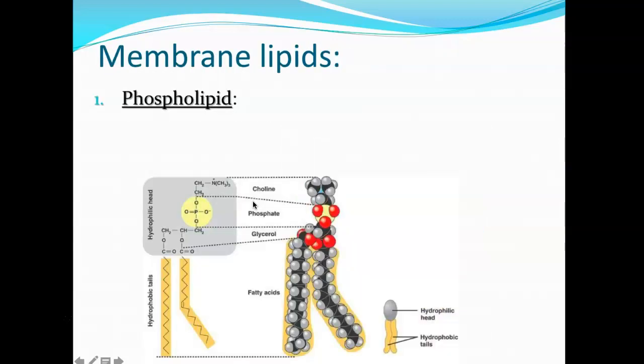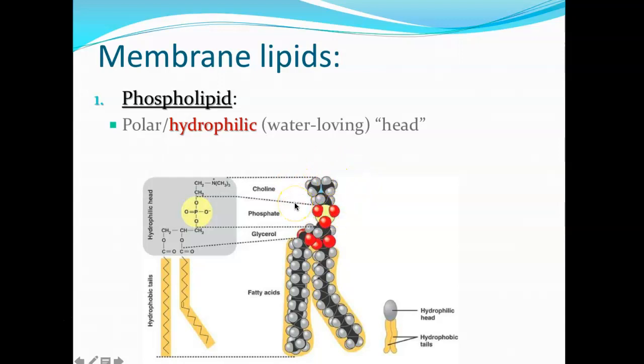I just want to talk a little bit about the phospholipid. So here's the phospholipid again, phosphate head, fatty acid tails. The phosphate head is hydrophilic, meaning that it likes water. Why would a phosphate head like water?